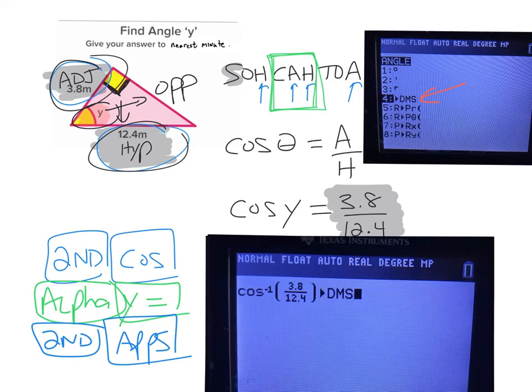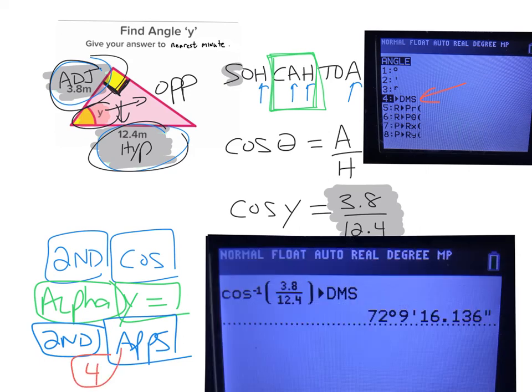Press enter, this is what your calculator should look like. 72 degrees, 9 minutes, 16.136 seconds. You now look at the seconds.